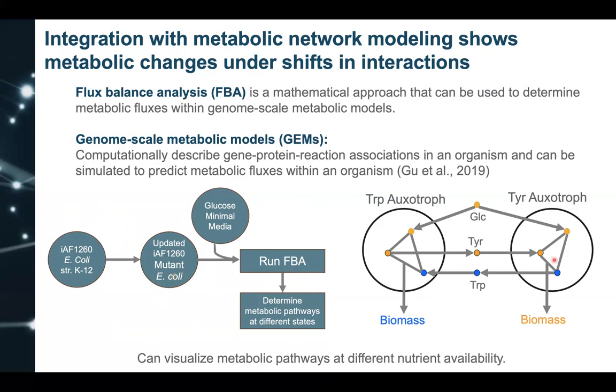And that's strictly done by just removing whatever reactions we need and seeing if they grow without tryptophan or tyrosine. Then we can run FBA, flux balance analysis, and see what kind of biomass we have and look at these metabolic fluxes to determine the pathways at different states.